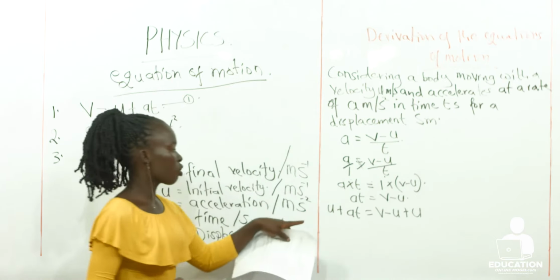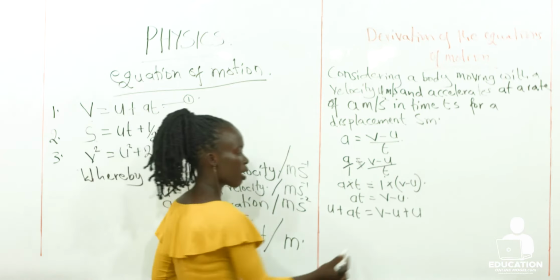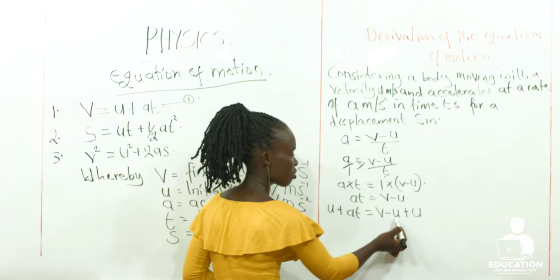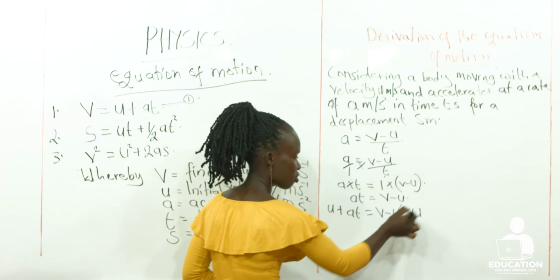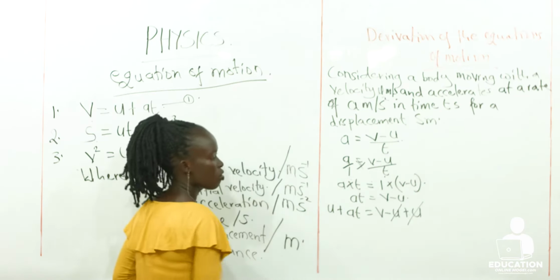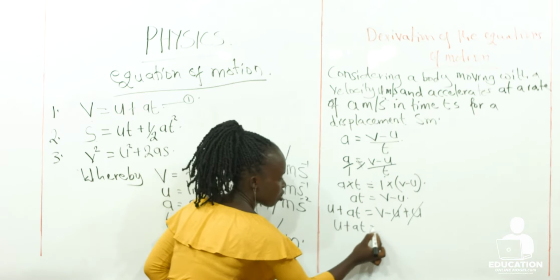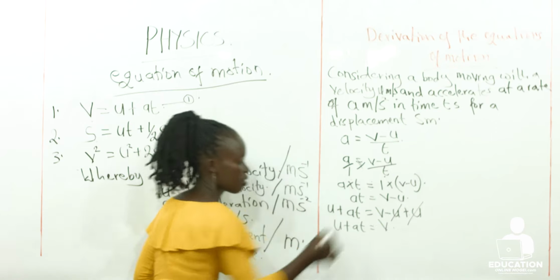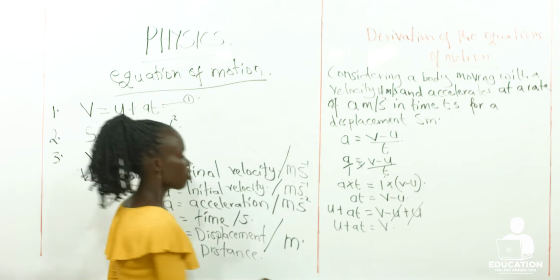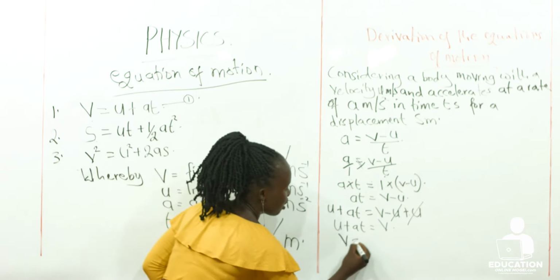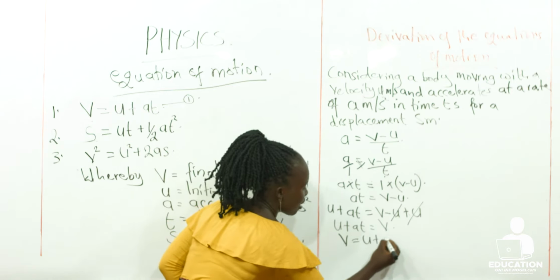Because if you add it on both sides, this is a negative and a positive, this u will cancel with that u. So giving us only u plus at is equal to our v, because this side we are only left with a v. So we shall have our v is equal to u plus at.